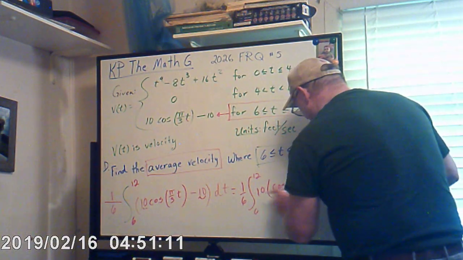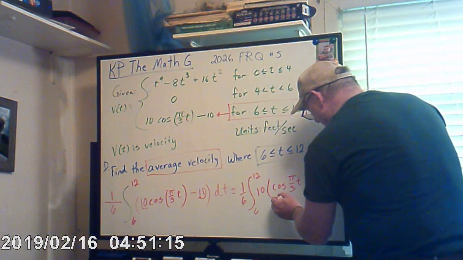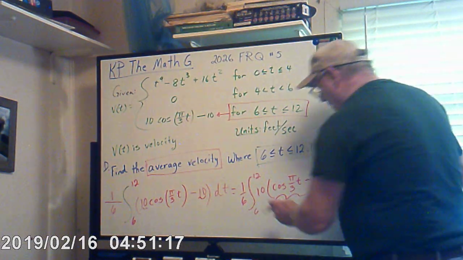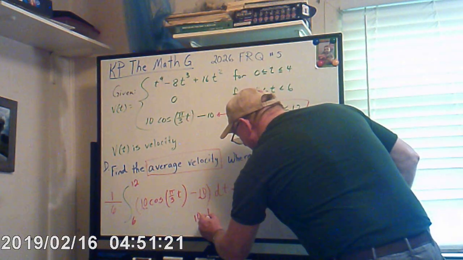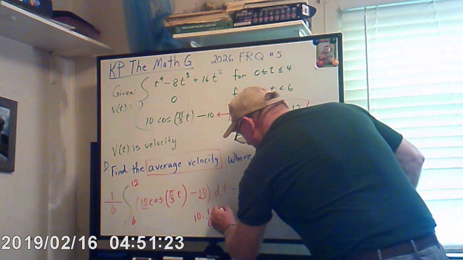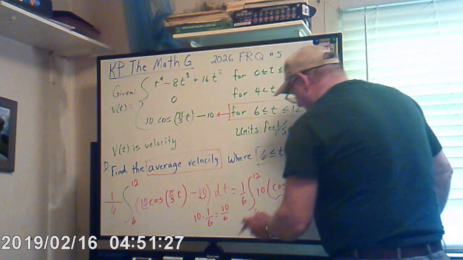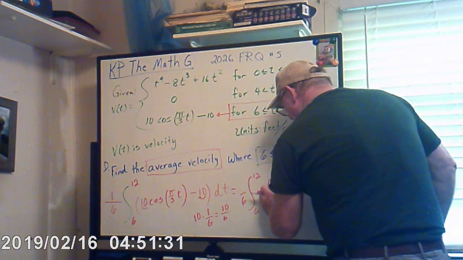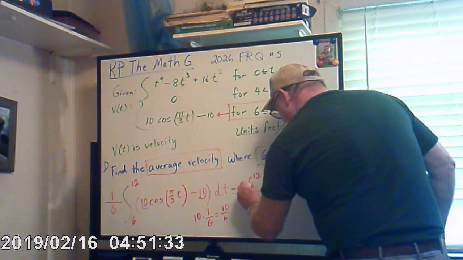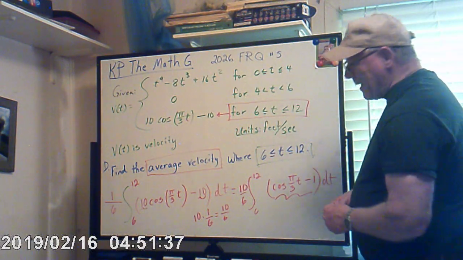Now 10 times 1 is 10 dt. That is what I want there, and you could actually put the 10 on the outside and multiply it by the 1/6 if you want to. 10 times 1/6 is 10 over 6. Erase the 10 and make that 10 over 6. Put it on the outside there. You don't have to fool with it until later.